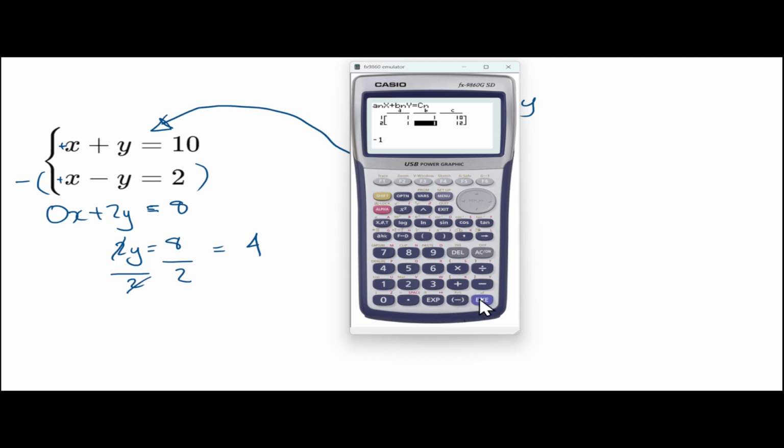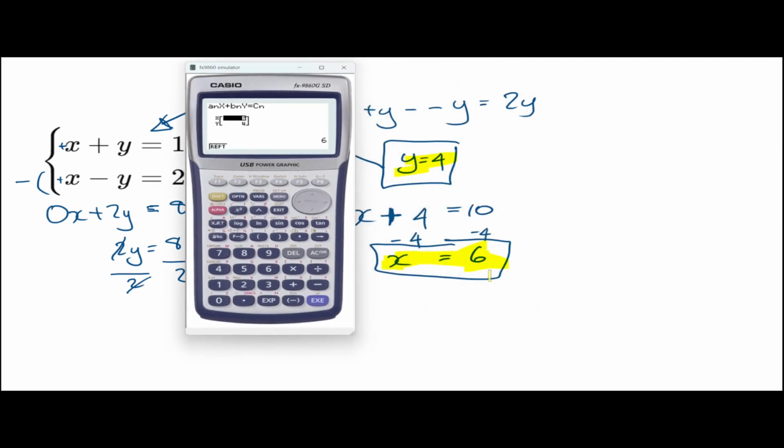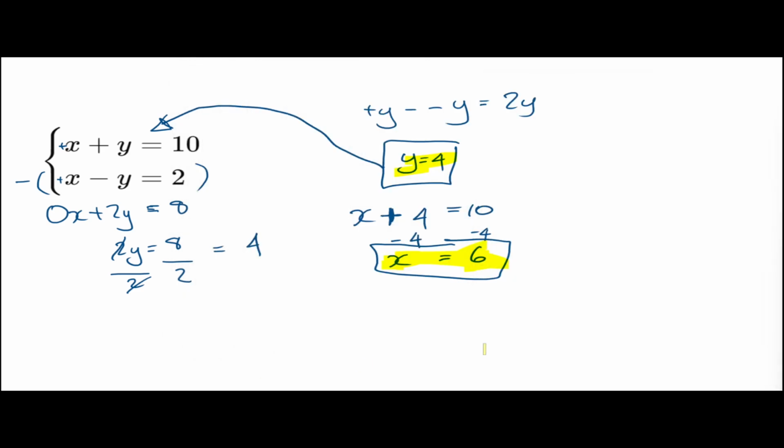Make sure you make it a minus number, pressing that key there. 2. Then press equals, and it gives us x equals 6, y equals 4, which is exactly what we have there. Again, more than one way to skin a cat.